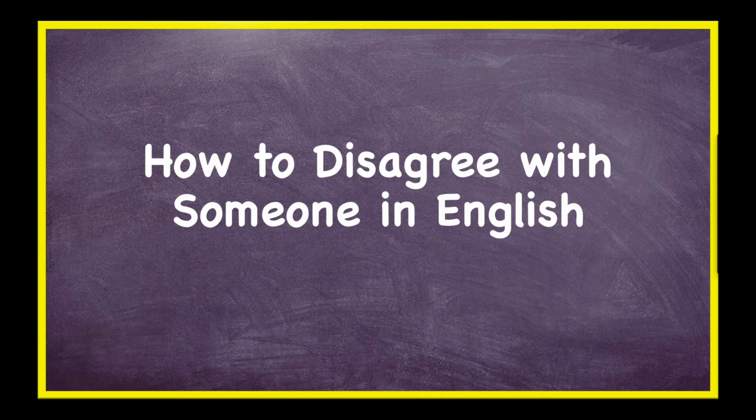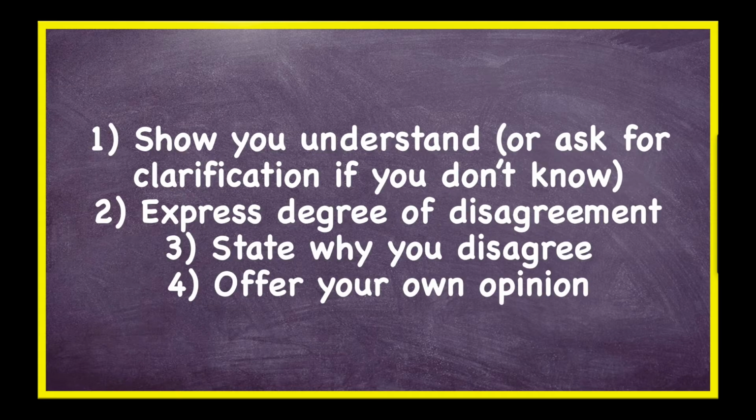The first one is first show that you understand what the other person is saying. And if you don't understand, then ask for clarification about it, right? So it lets the person know that you're listening. It lets the person know that you are paying attention and you're not just being disagreeable. Secondly, express how much you disagree, right? The degree of your disagreement.